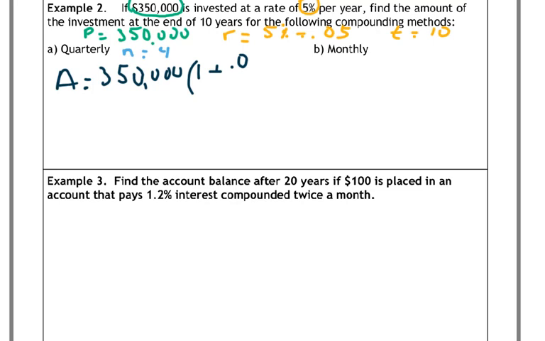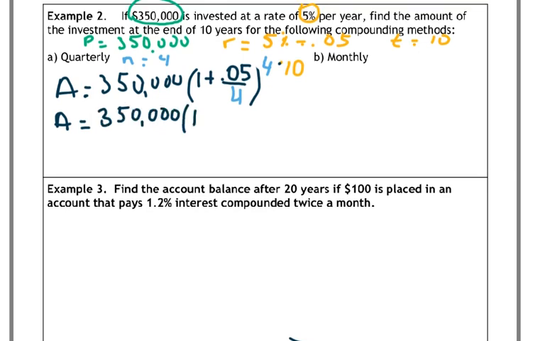All we need to do is just operations in the calculator. I need to divide first 0.05 by 4 and add to 1. So that makes 1.0125, and 4 times 10 is 40.